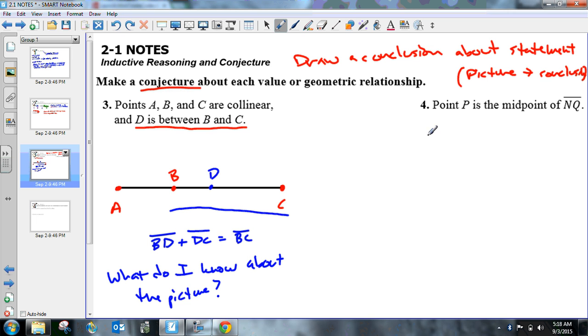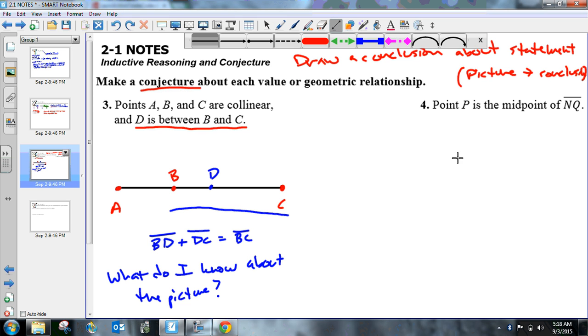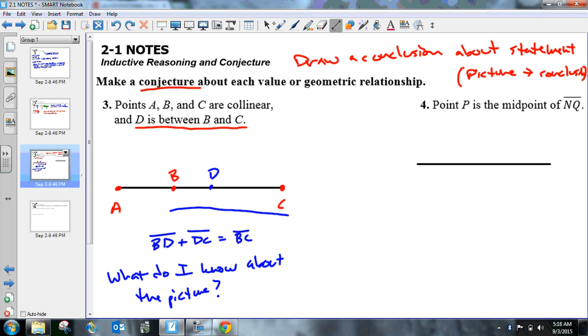Okay, let's take a look at number 4. It says point P is the midpoint of NQ. Okay. So here's what I've got. Let me draw another line segment NQ, with endpoints of N and Q. Okay, and then it says that P is the midpoint. So I'm over here in the middle, the very, very middle piece is the point P. And so if P is the midpoint of NQ, then what does a midpoint do?